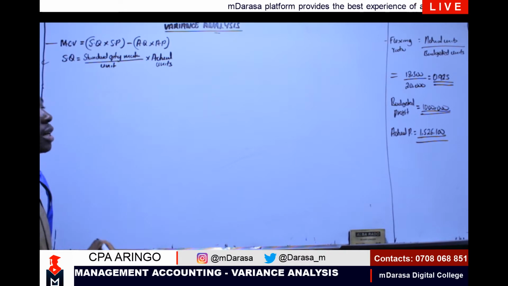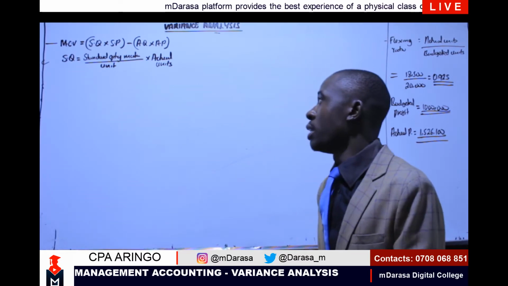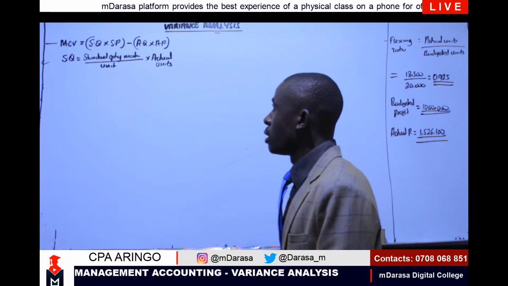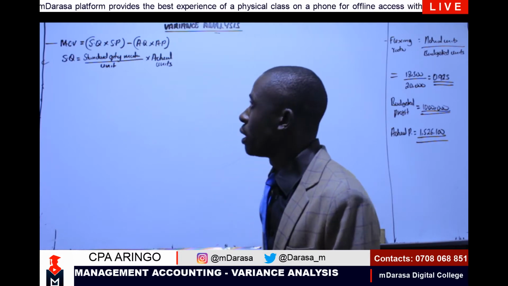This will give us our standard quantity. And standard quantity, remember we said that this is the quantity that should have been used for the actual units produced.